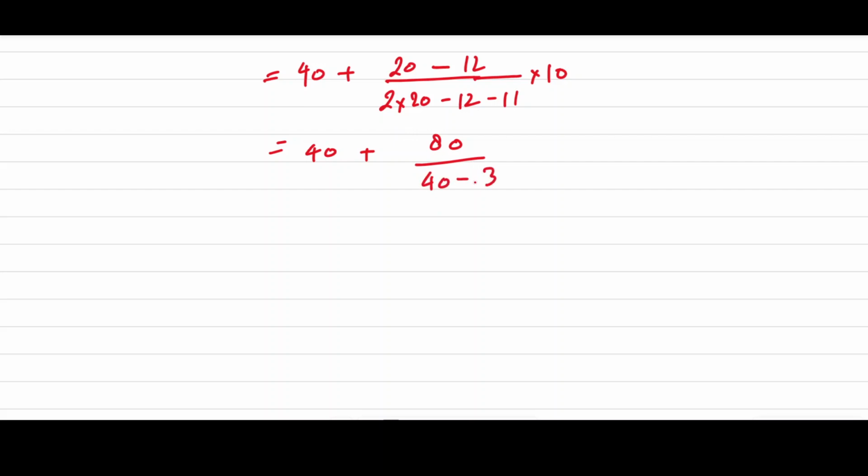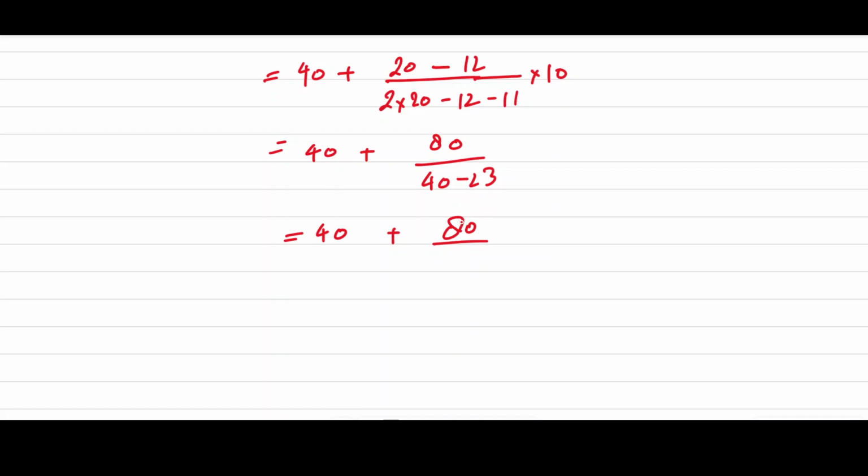So 40 plus 80 by, here 40 minus 23, which is 17.